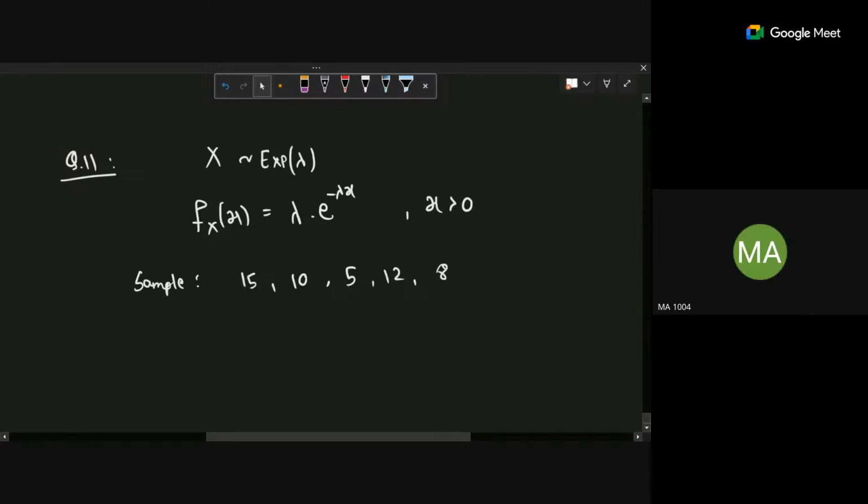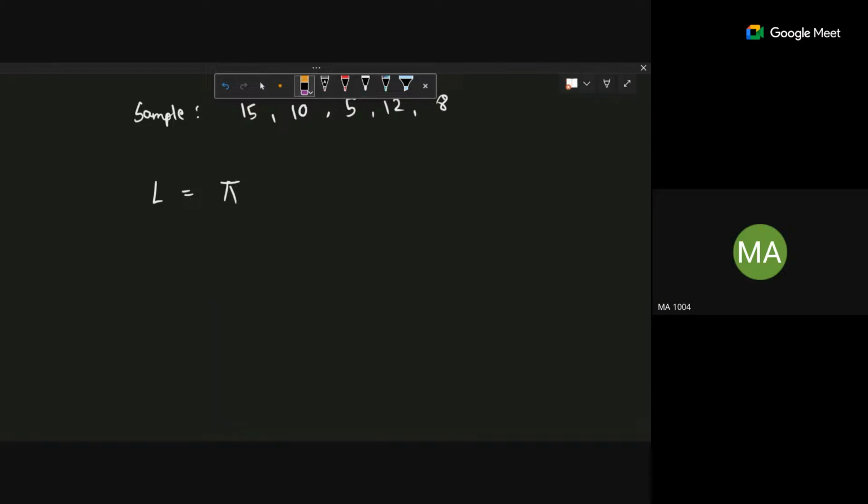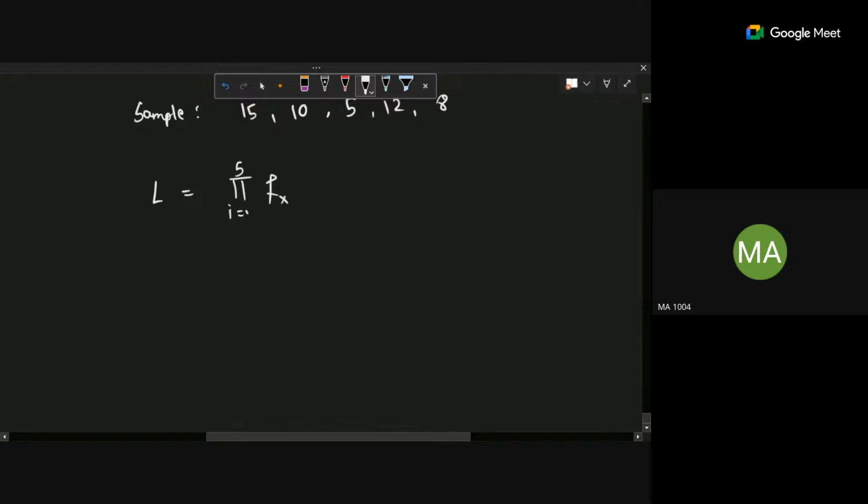Okay, these are the samples. So what will be our likelihood function? That is nothing but the product of all the distributions, the product of f of x_i for i from 1 to 5.